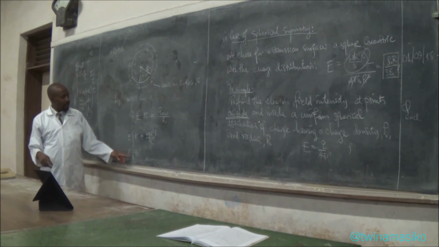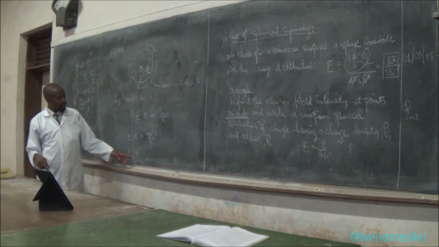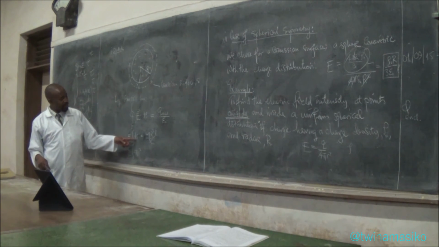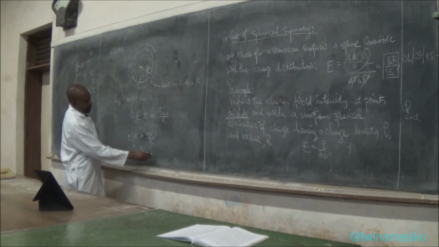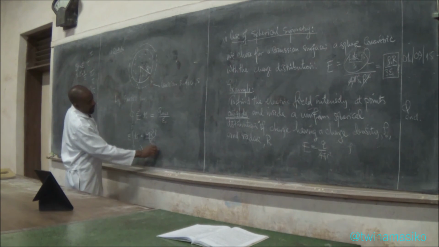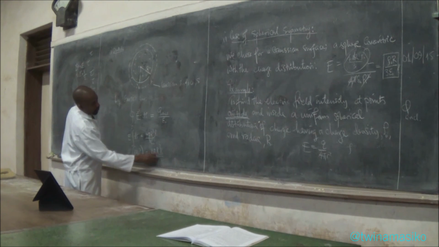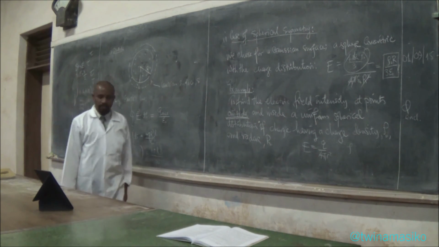So I'm integrating. You have gotten the whole area, but you are still integrating over the surface. So that means this will be the same as 4 pi R cubed rho naught over 3 epsilon naught.